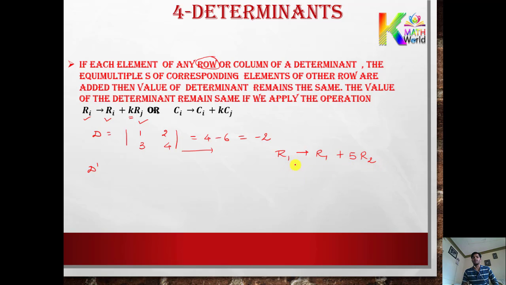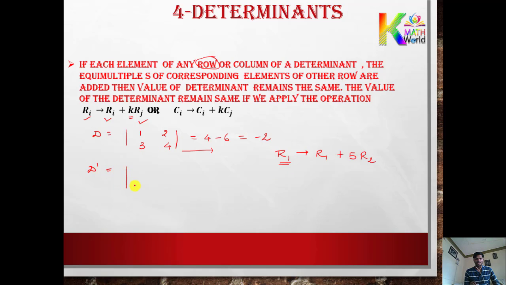Whichever row is mentioned first, that row only changes. Other rows remain fixed. It means your second row remains fixed here.